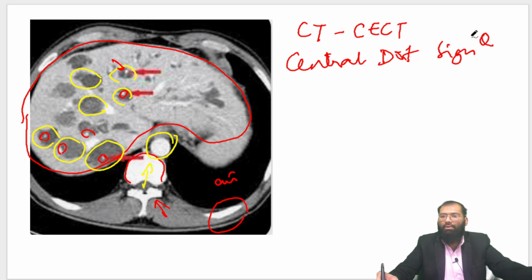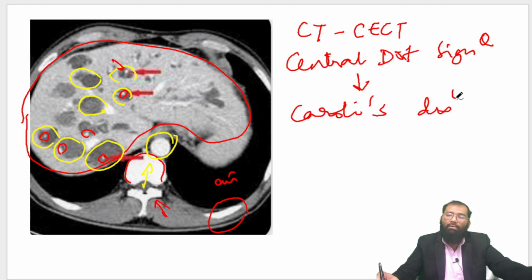This is called central dot sign. Central dot sign is a very important sign which is seen in Caroli's disease. Now, what is Caroli's disease?